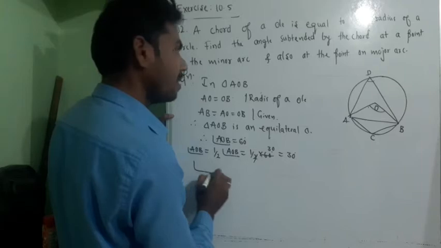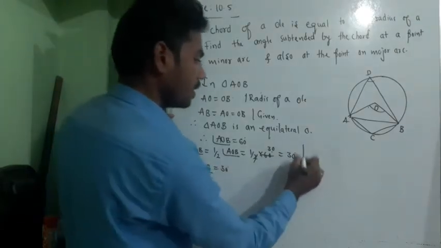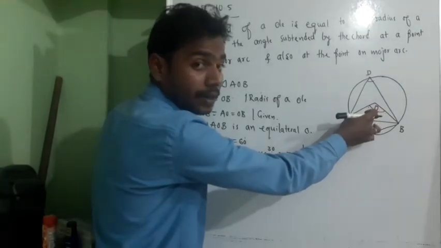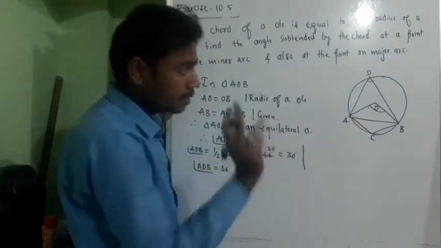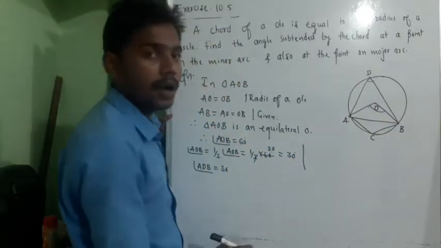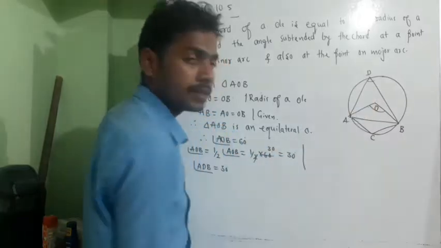So therefore angle ADB is equal to 30 degrees. This is the reason: the angle formed at the center of a circle by the chord is 2 times the angle formed by that particular chord on any point on the circle.